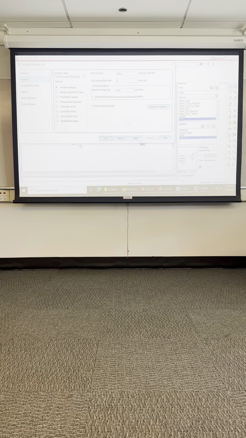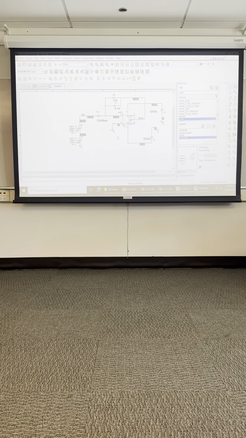Should there be a virtual ground effect at pins 2 and 3? It has negative feedback to the inverting input, so the virtual ground effect should be occurring here. It has 0 here and 19 microvolts here, so it's effectively 0, correct? Okay.